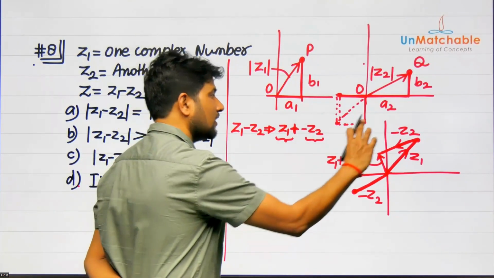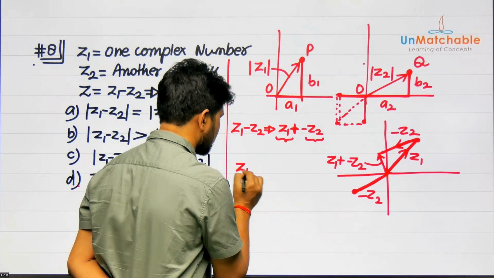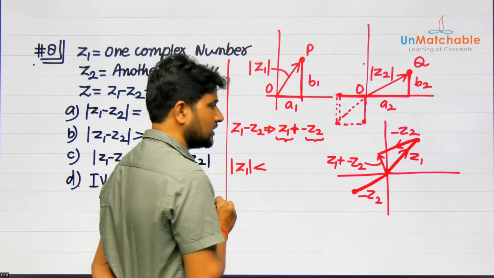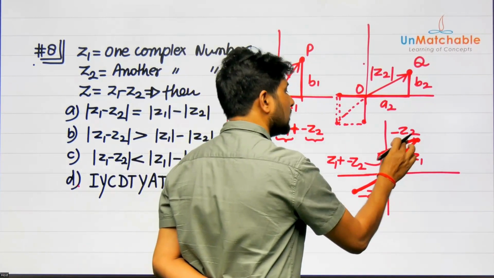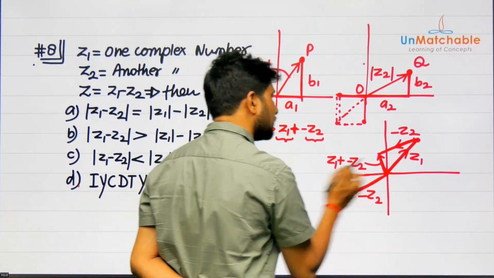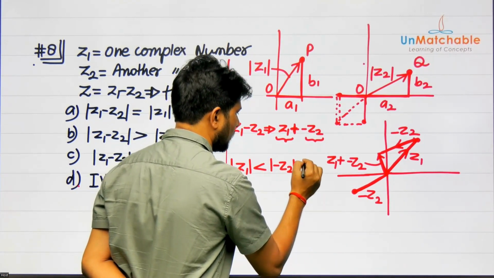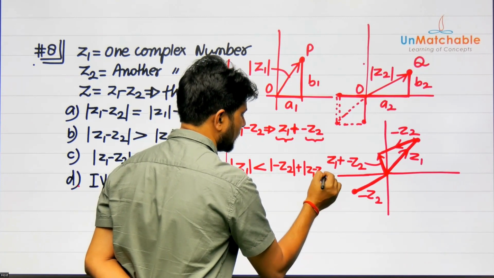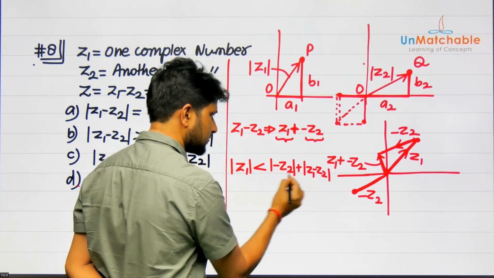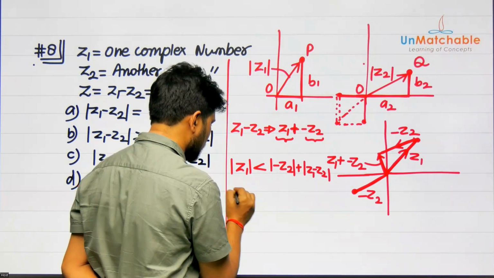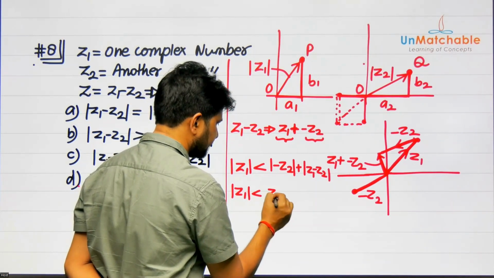For a triangle, the length of any one side will always be less than the sum of the lengths of the other two sides. My dear friends, minus z2 modulus will become z2 modulus only.